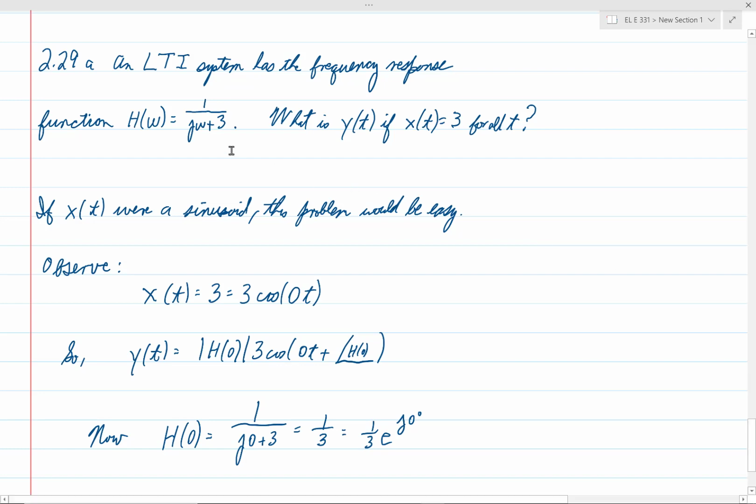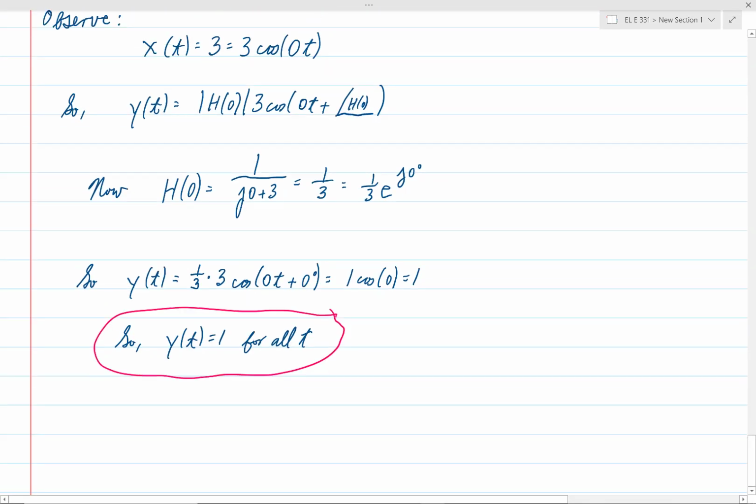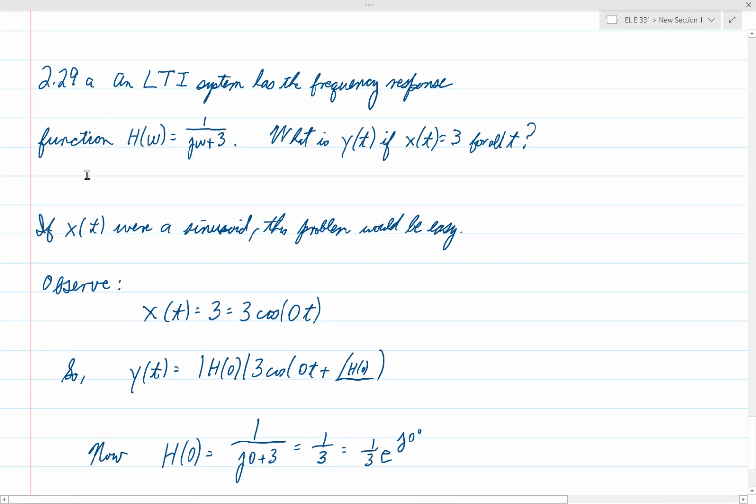We want to look at just one remaining problem, and that's 229 part A. Now in 229 it says an LTI, linear time invariant system, has the frequency response function h of omega equals 1 over j omega plus 3. What is y of t if x of t is equal to 3 for all t?